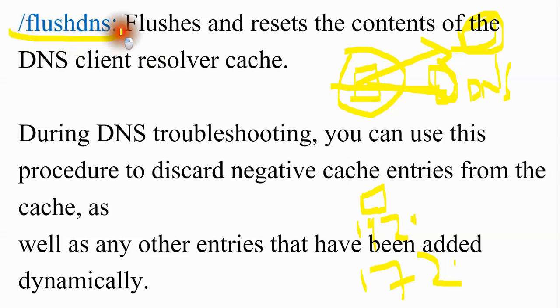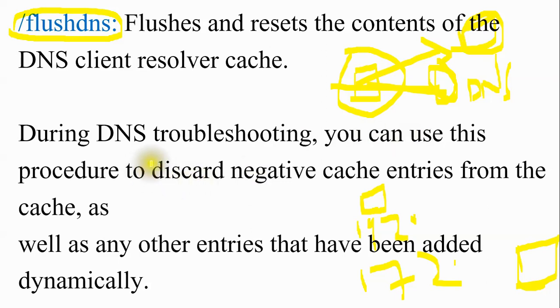Whatever DNS entry is there, because you will have to assign your 172 DHCP server or Active Directory domain controller IP address as DNS to this client machine, if you run this command it will reset the configuration and will take the new IP address or new configuration entry in DNS.